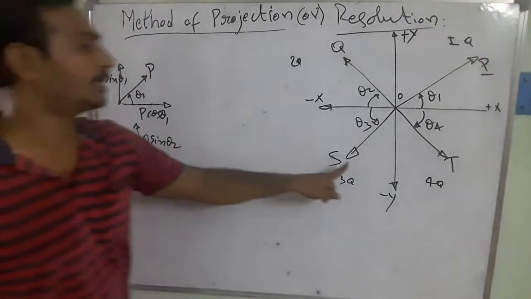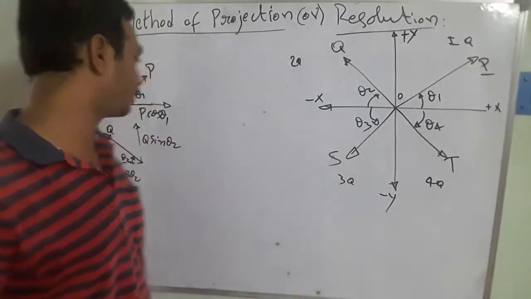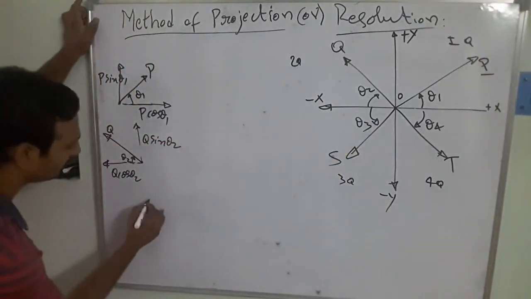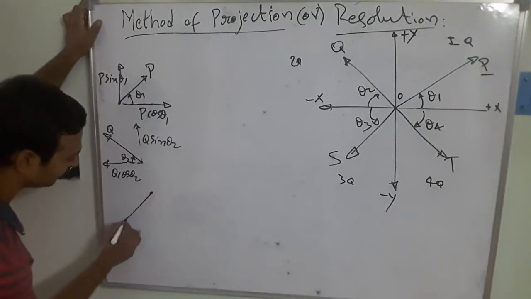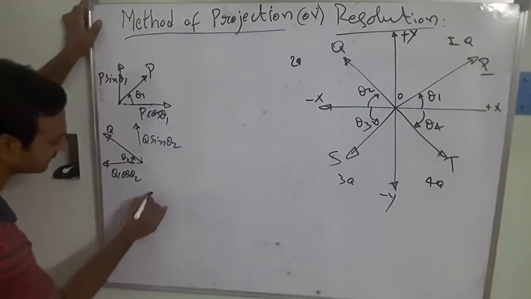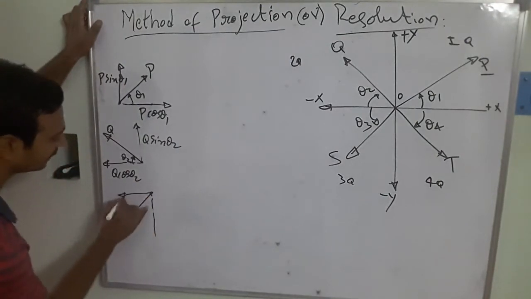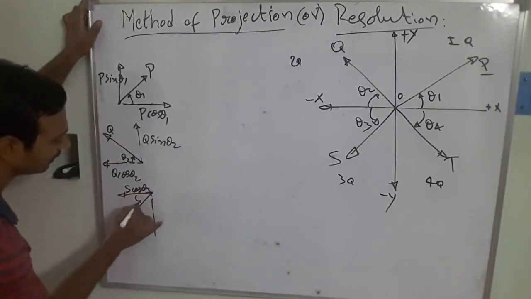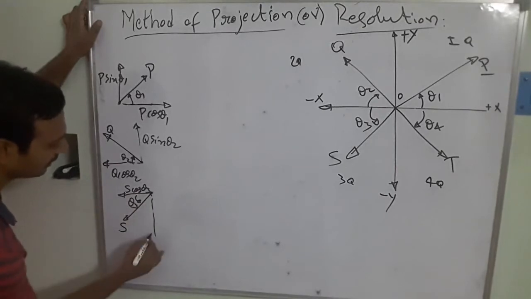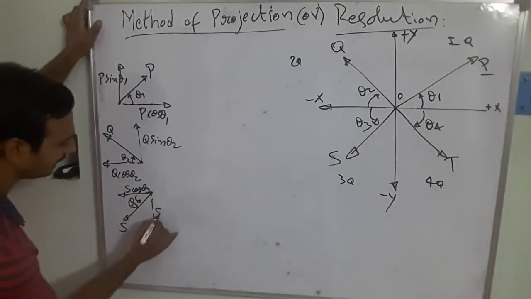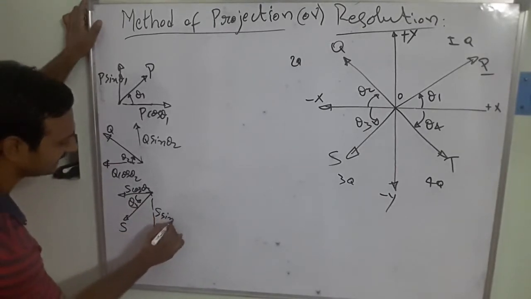Similarly, the force S is acting in the third quadrant, towards this side. Here the horizontal component is S cos theta 3, and this is S sin theta 3.